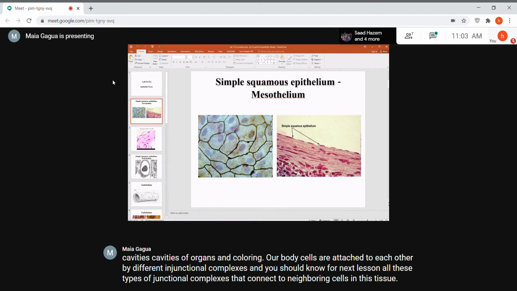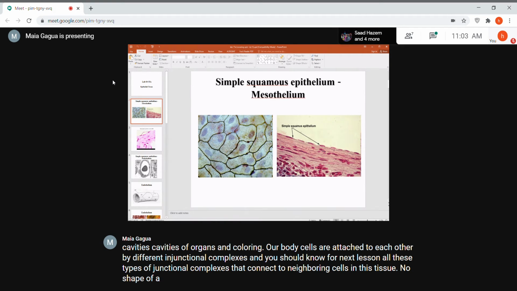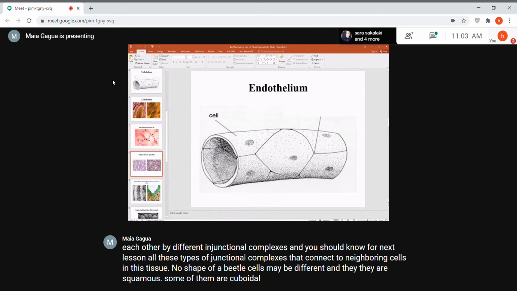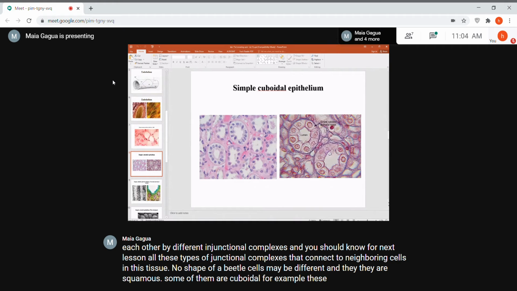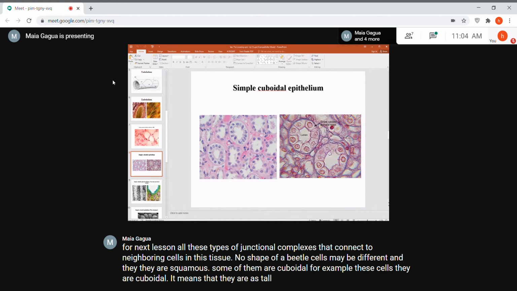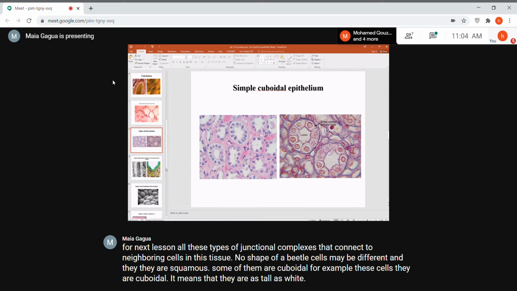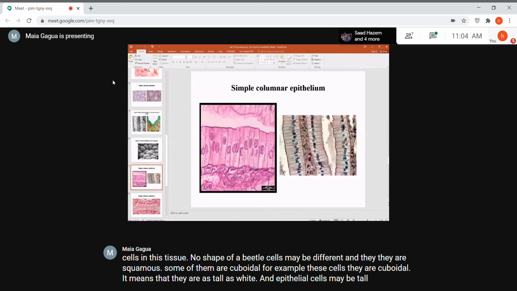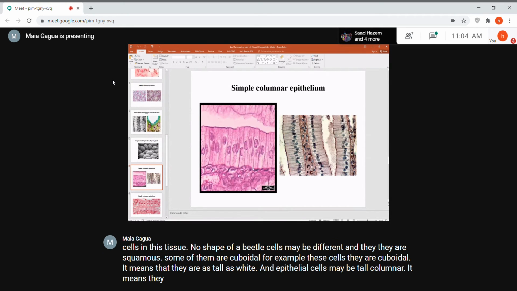The shape of epithelial cells may be different. They are squamous. Some of them are cuboidal. For example, these cells are cuboidal. It means that they are as tall as wide. And epithelial cells may be tall, columnar. It means they are taller than they are wide.